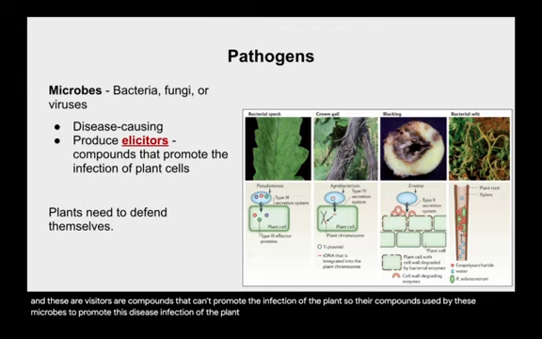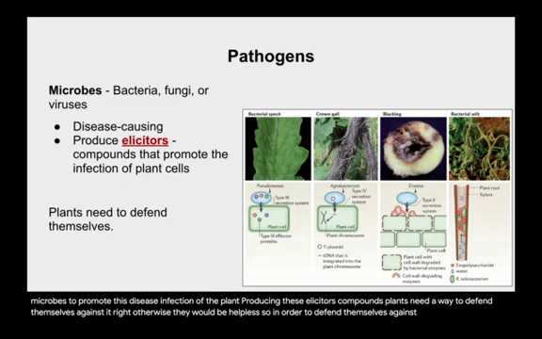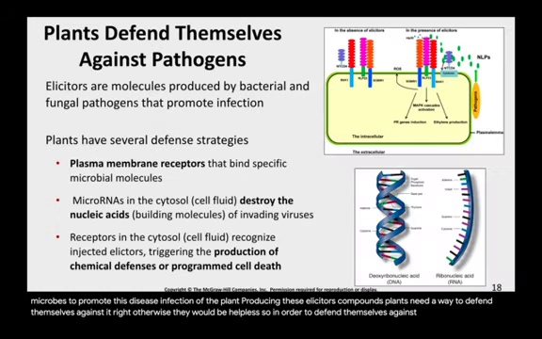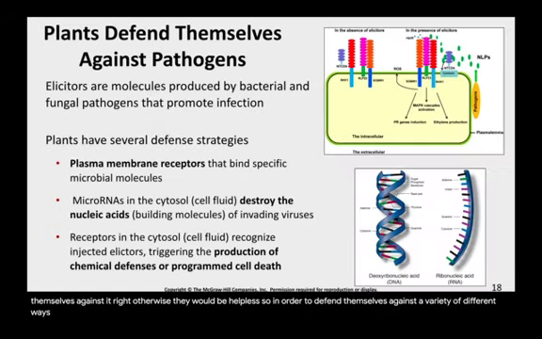If they're producing these elicitors, plants need a way to defend themselves against them, otherwise they would be helpless, right? So in order to defend themselves against these elicitors, there's a variety of different ways a plant can do this, and I'm going to try to broadly talk about them, even though the way that plants defend themselves chemically can be very complicated, right?